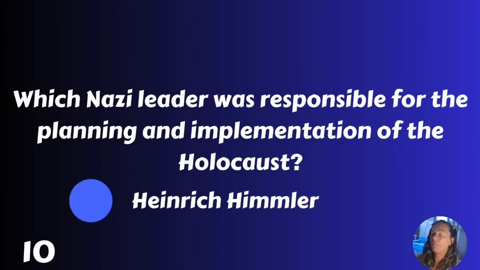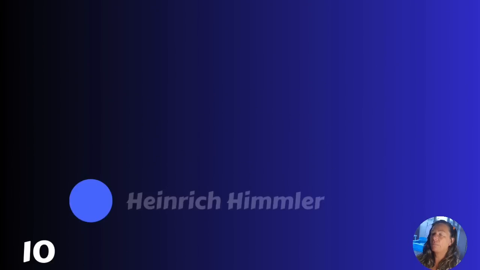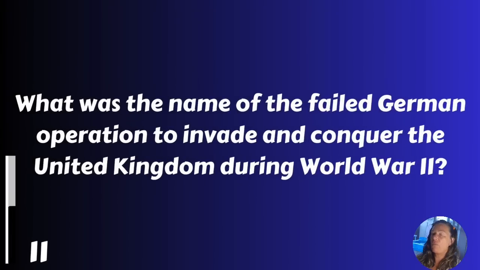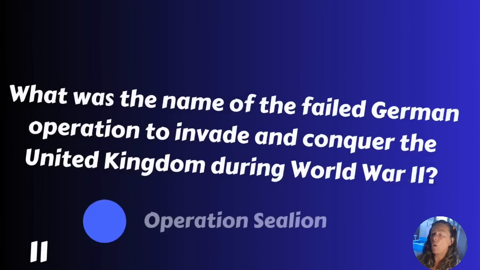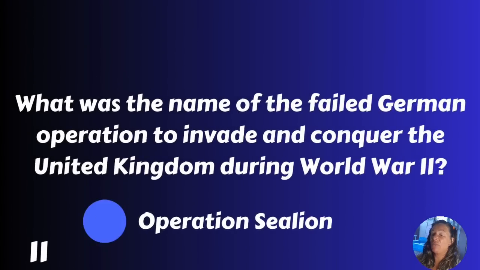Heinrich Himmler. What was the name of the failed German operation to invade and conquer the United Kingdom during World War II? Operation Sea Lion.